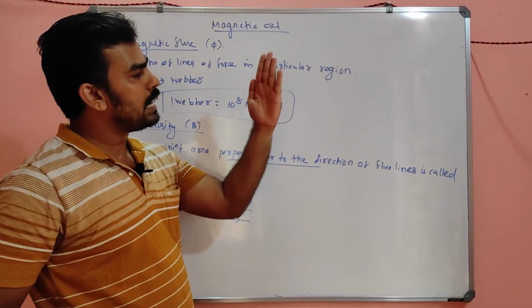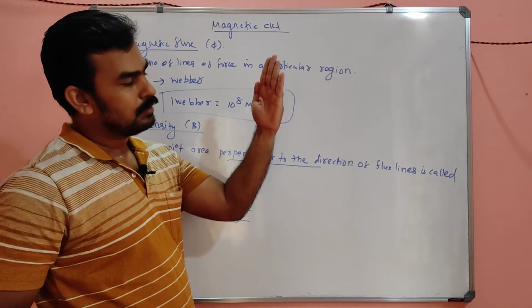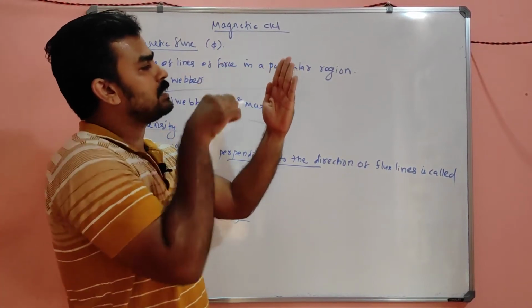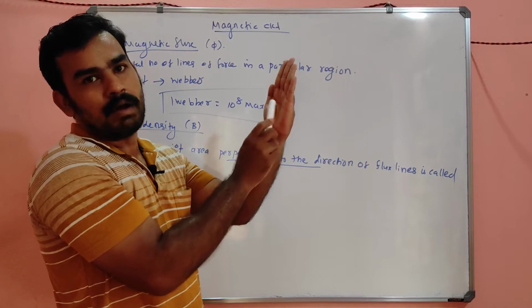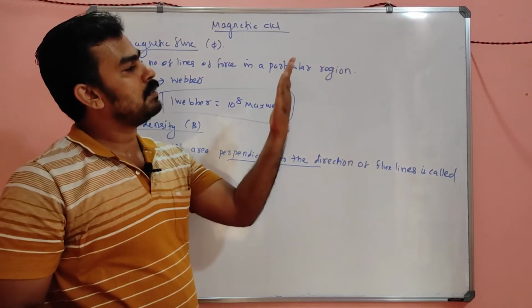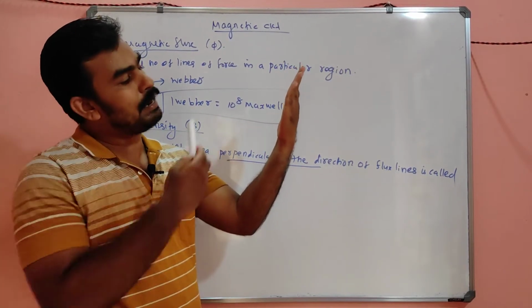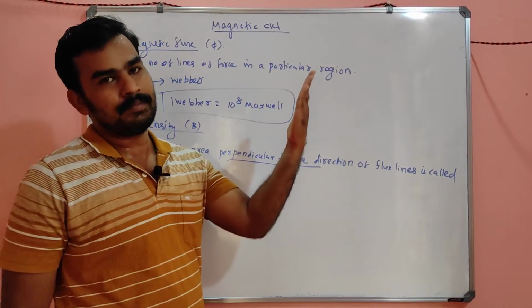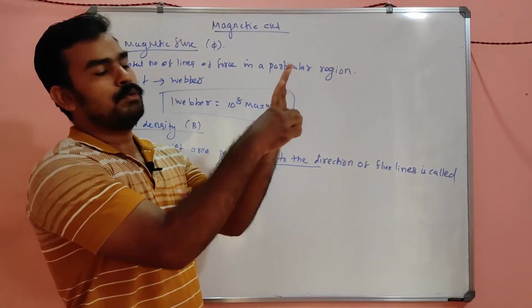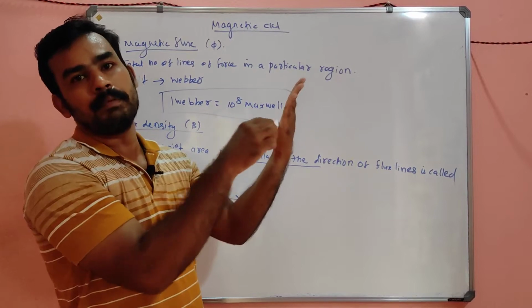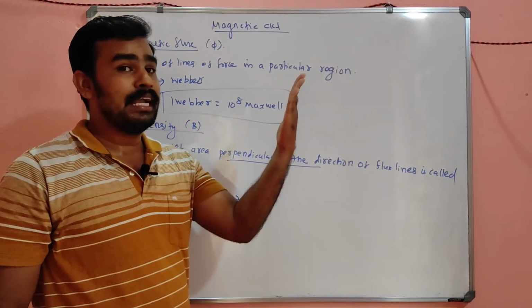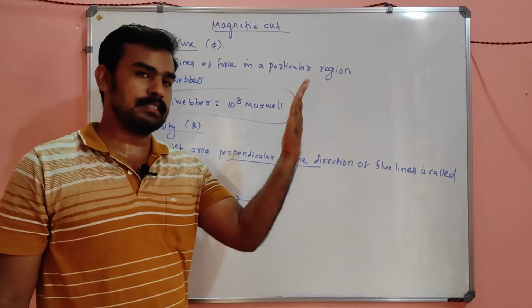If my palm is slightly tilted, some flux will pass by, which cannot touch this palm. Suppose I turn my palm and then measure flux density. Only a few lines of force will link with my palm, so I cannot get the exact flux density.